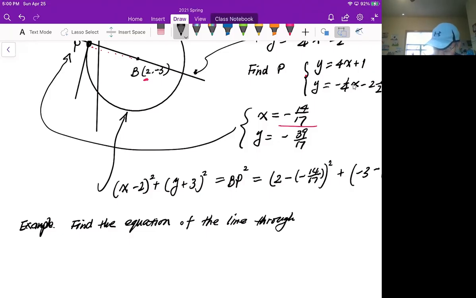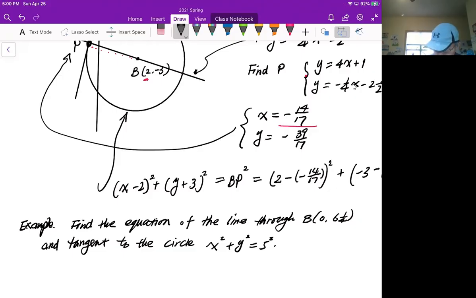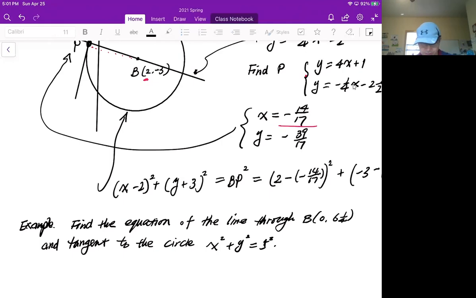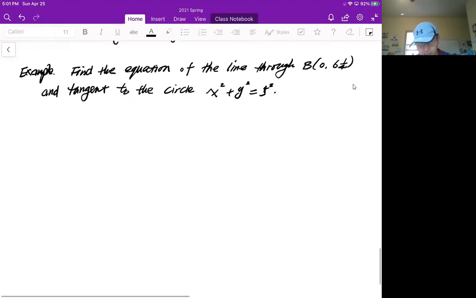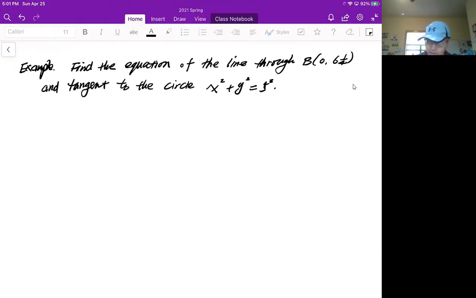Let me call that B, is (0, 6 and 1/4), and it is tangent to the circle x squared plus y squared equals 5 squared. Okay, so this is a little bit hard, because you don't know the tangent point. The tangent point was not given. So let's see how we can do this. Give everyone some time. I'm drawing the picture.